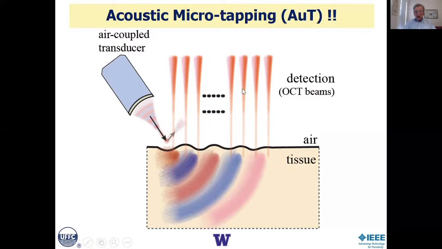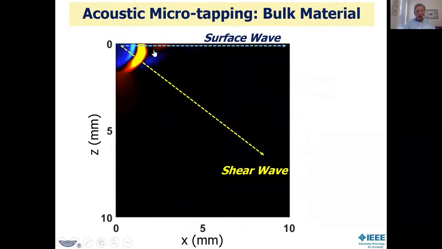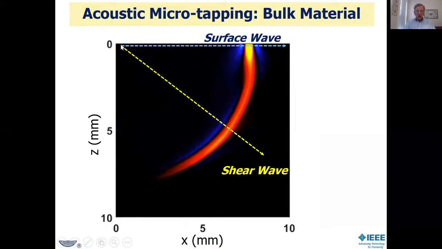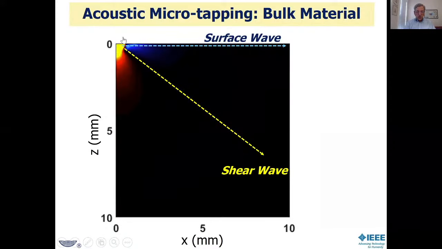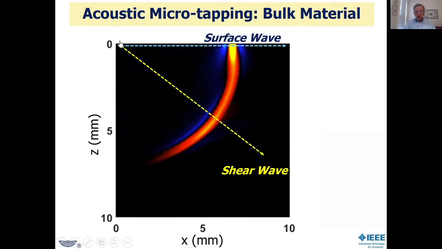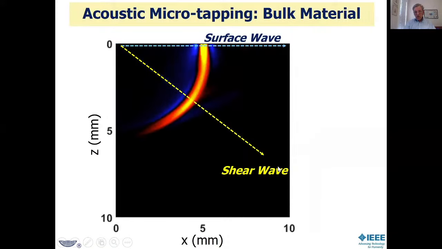And we integrated that with an OCT system to image the propagation of mechanical waves in the cornea. This is just a simulation in a bulk material, but it shows what one of these measurements would look like. When you put the force down right where the air-coupled beam hits the surface, you'll create a surface wave, and propagating at an angle out is a bulk shear wave, and this angle is fixed.